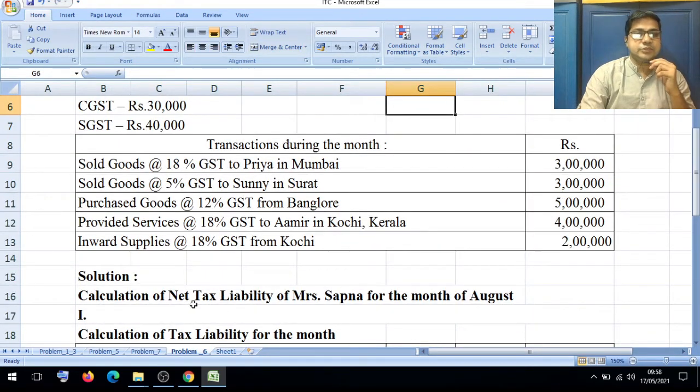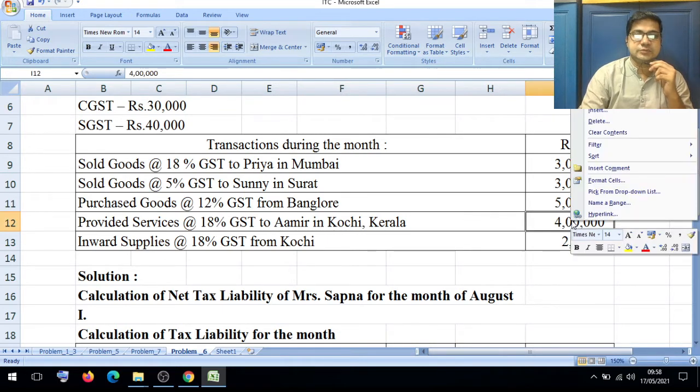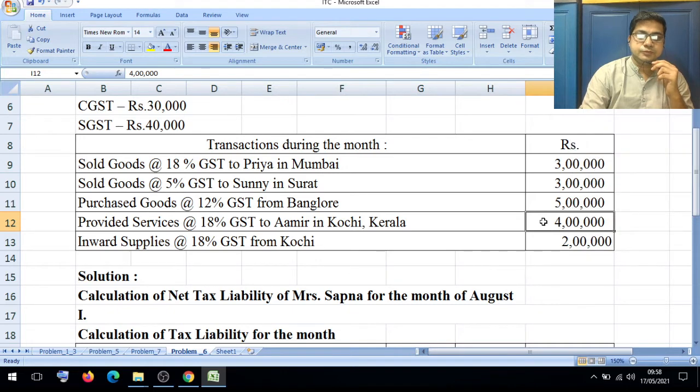Now, next: provided services at the rate of 18% GST to Amir in Kochi, Kerala, 4 lakhs. Provided services means sale of service, where Sapna provides service to Amir in Kochi, Kerala.